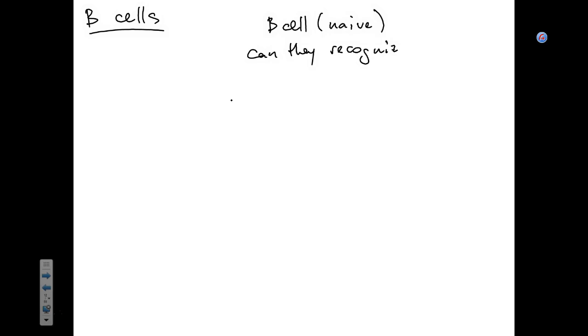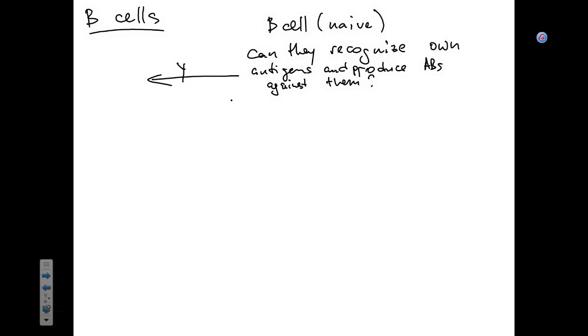Okay? So pretty much we ask B cells a question. Can they recognize own antigens and produce antibodies against them? It's often called self-reactivity. So there are two answers to this question, which are yes and no. If yes, what's going to happen to the cells?